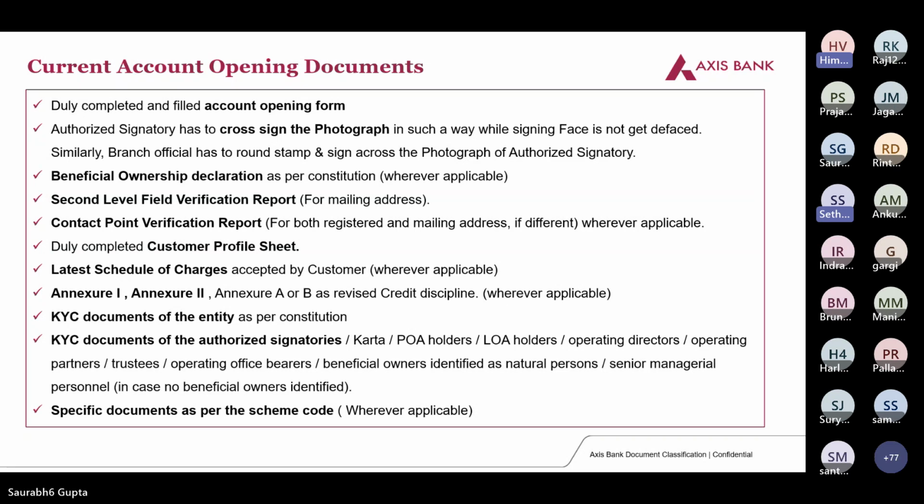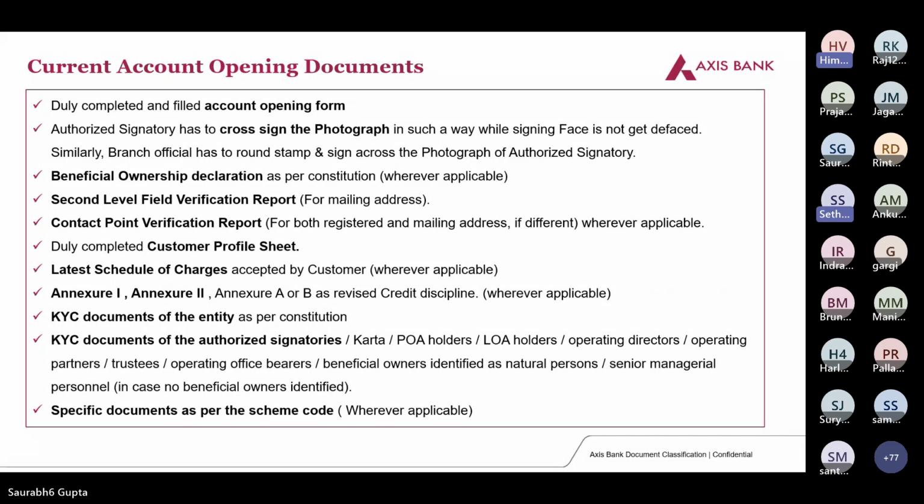In addition, there are certain current account variants which are specific for specific purposes. Like Saurav must have mentioned, there's one particular current account variant called CHGBL, which is specifically for people who are into trade and forex relationships. In opening a CHGBL account, the IEC document becomes a mandatory document.